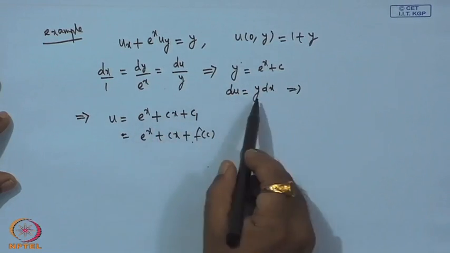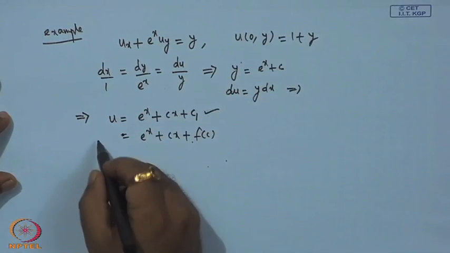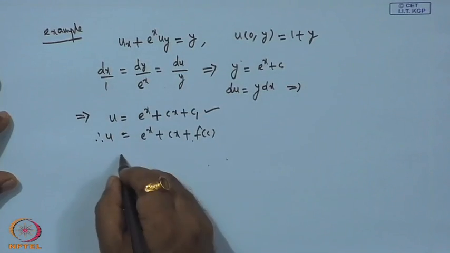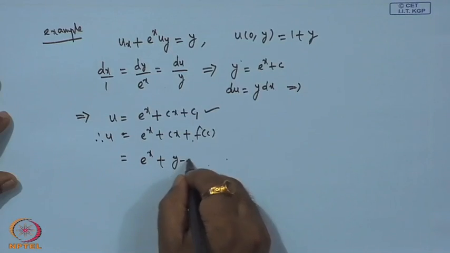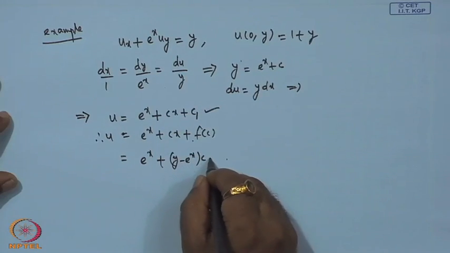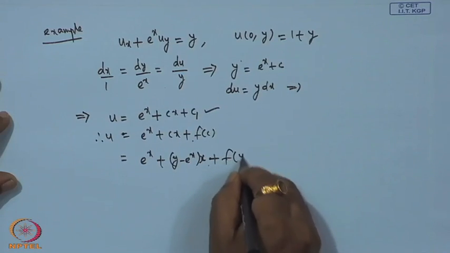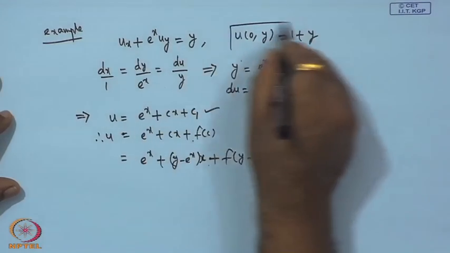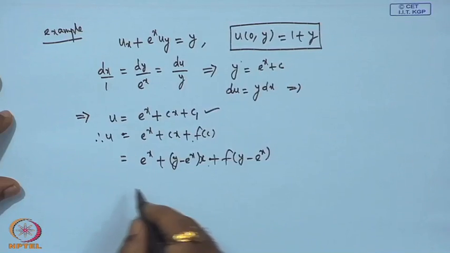So, y is this, so we got this. Therefore, u, by eliminating, is y minus e to the x into c into x plus f of y minus e to the x. But our requirement is you must follow this.